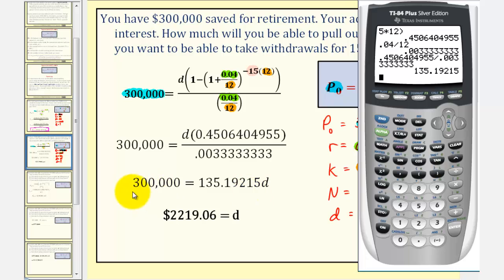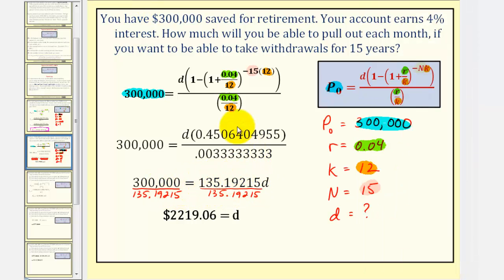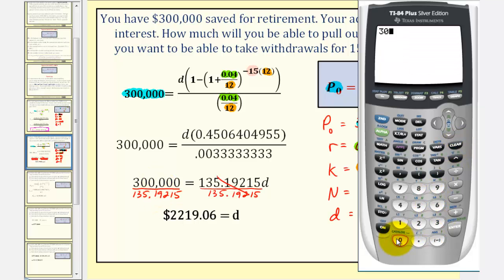So now we have the equation 300,000 equals 135.19215D. So to solve for D, we'll now divide both sides by the coefficient of D. So this simplifies to 1, so we have D on the right side, and this quotient will give us the value of D. So we have 300,000 divided by 135.19215.